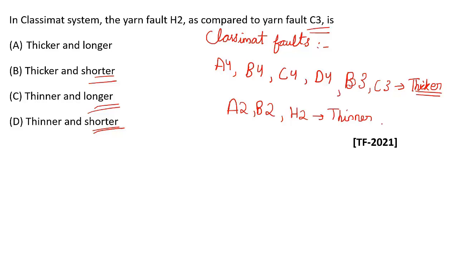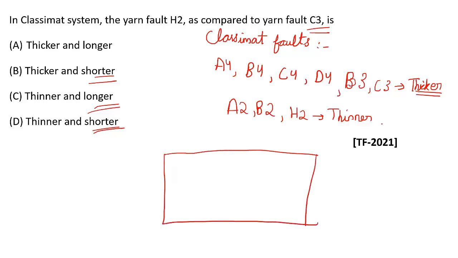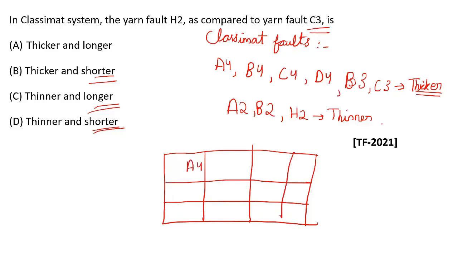Typically it goes like this: A4, B4, C4, and D4. As we go down the line, the thickness decreases.